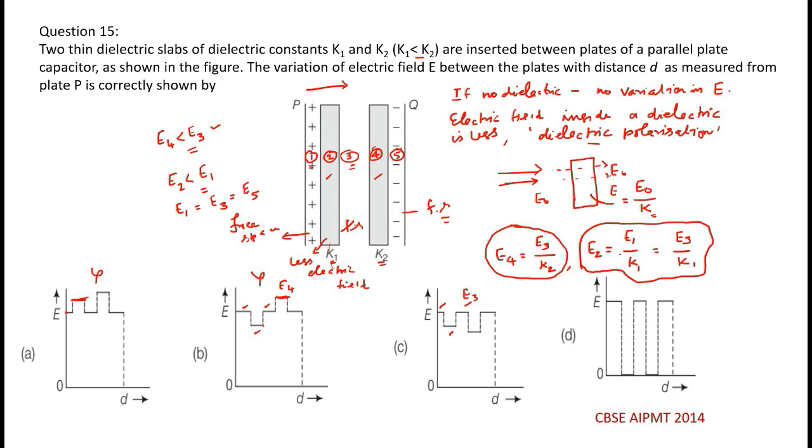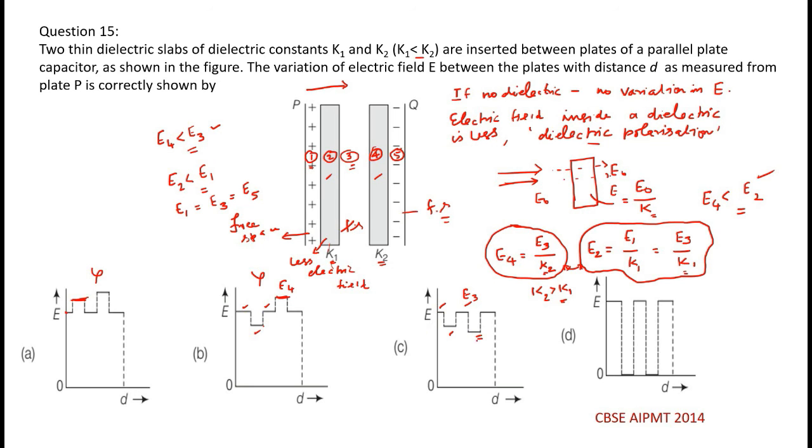Compare now E2 and E4. Now that we have K2 greater than K1, given, so E4 according to this should be less. So comparing these two and using K2 greater than K1, E4 is less than E2.